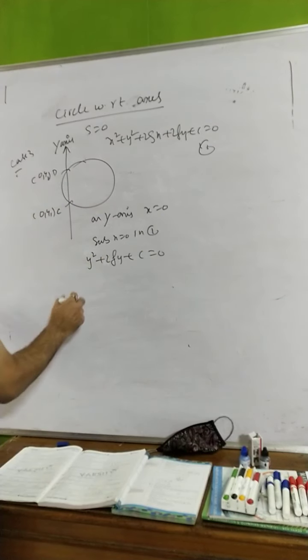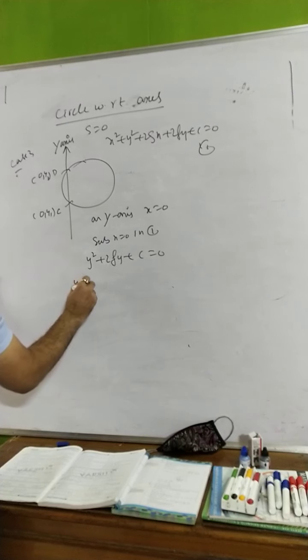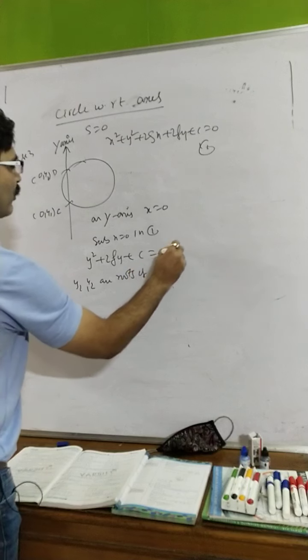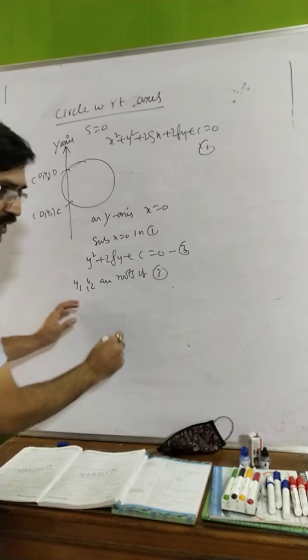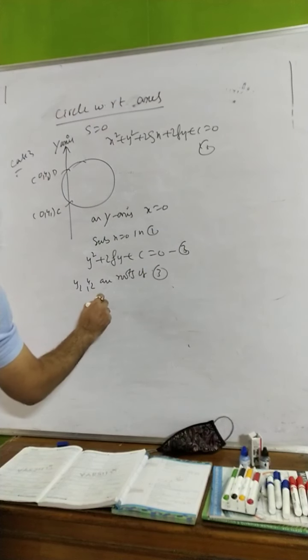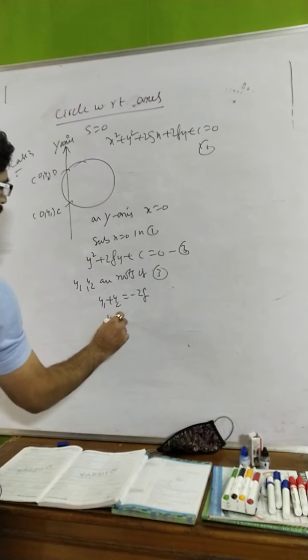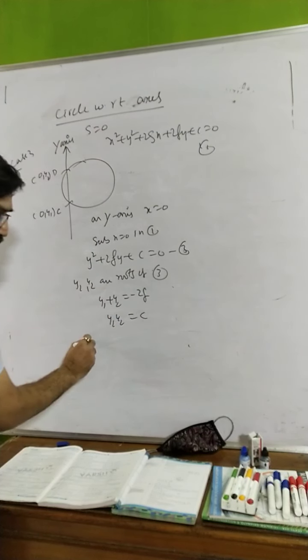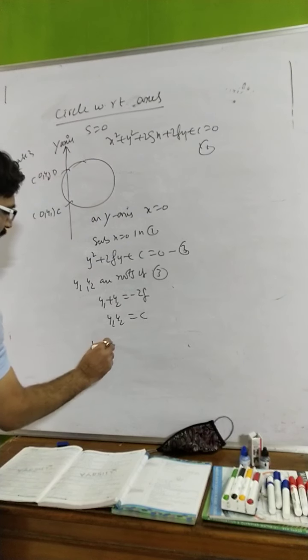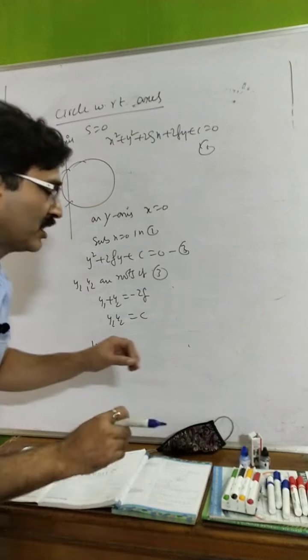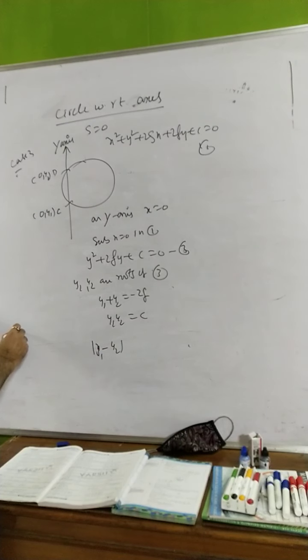Now you see here, y1, y2 are roots of equation 3. So y1 plus y2 is equal to minus 2f, and y1 y2 is equal to c you have here. Here y1 minus y2 becomes what then? Length of the intercept made by the circle. Please remember, length of intercept made by the circle.